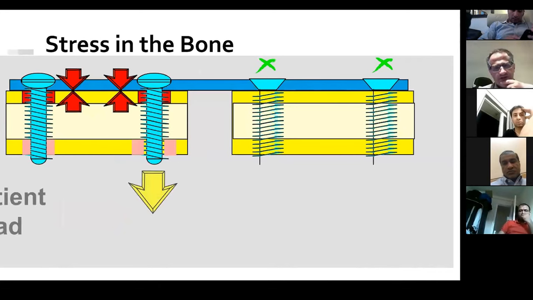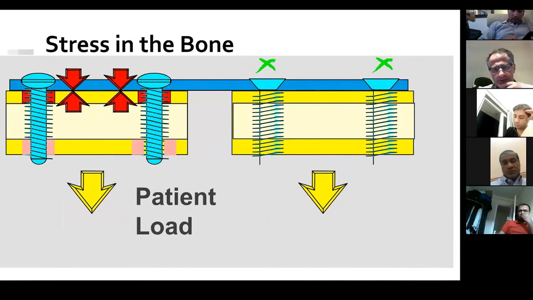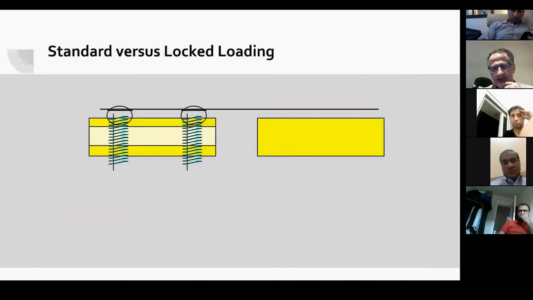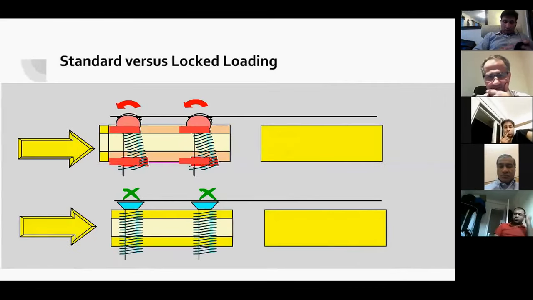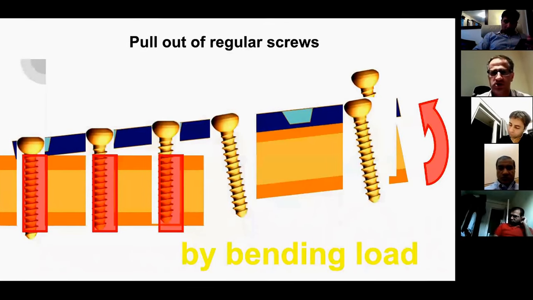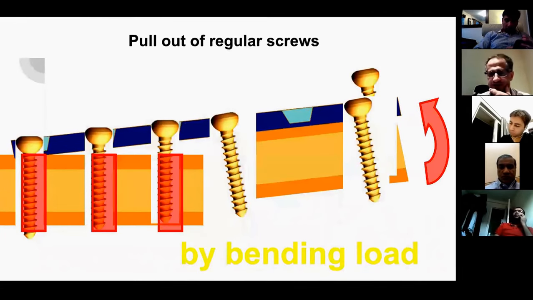So in the stress situation, you're doing patient loading with the different types. You have one option of preloading, and that creates your interface. So there is a difference between standard versus locking loading. And this is demonstrating that the pull-out strength of this construct is dependent on a single screw each time, and each one will individually fail, one sequentially.